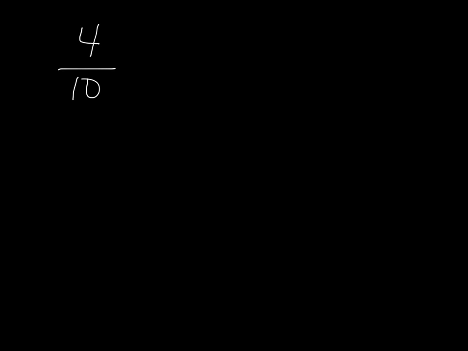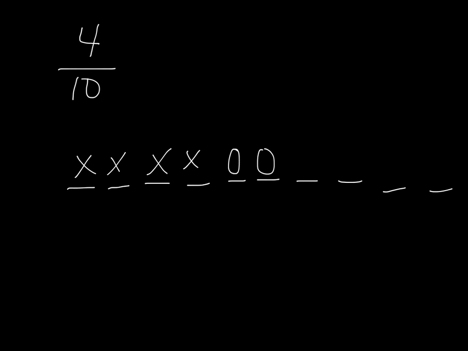How many total outcomes are there? 10. How many of those are rain? 4. So think about it. There's 10 outcomes: 1, 2, 3, 4, 5, 6, 7, 8, 9, 10. 4 of them are rain, and the rest are not.